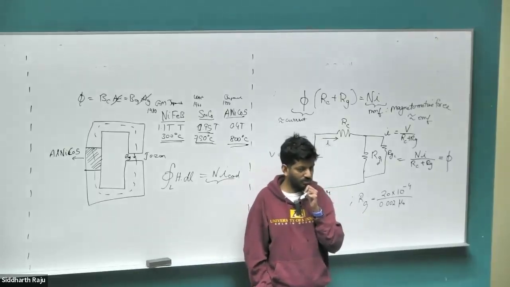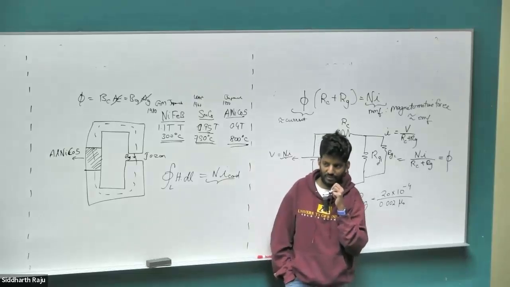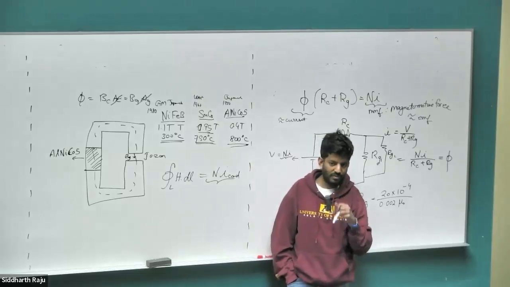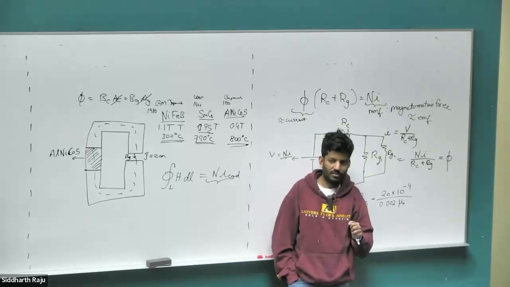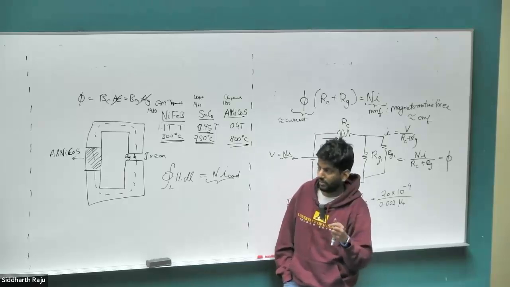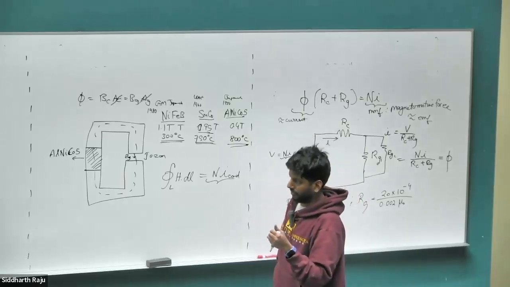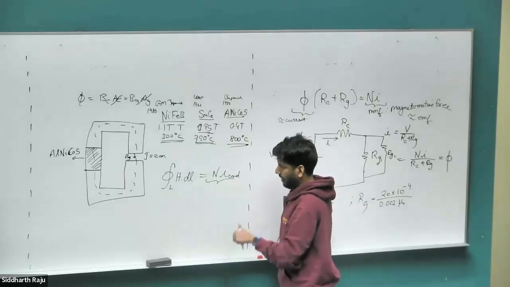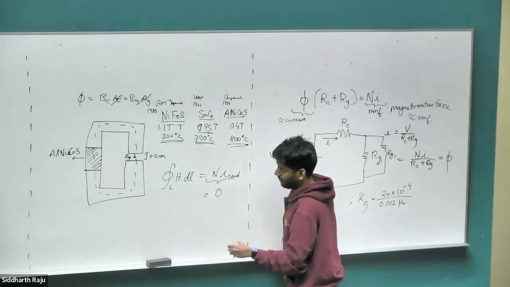This is rather counterintuitive, but whatever you're thinking is correct. Is there any current carrying conductor in there? It's just a magnet circuit, right? We already said we are not going to be interested in the material current. So this is purely conductor current. So this term is going to be 0.